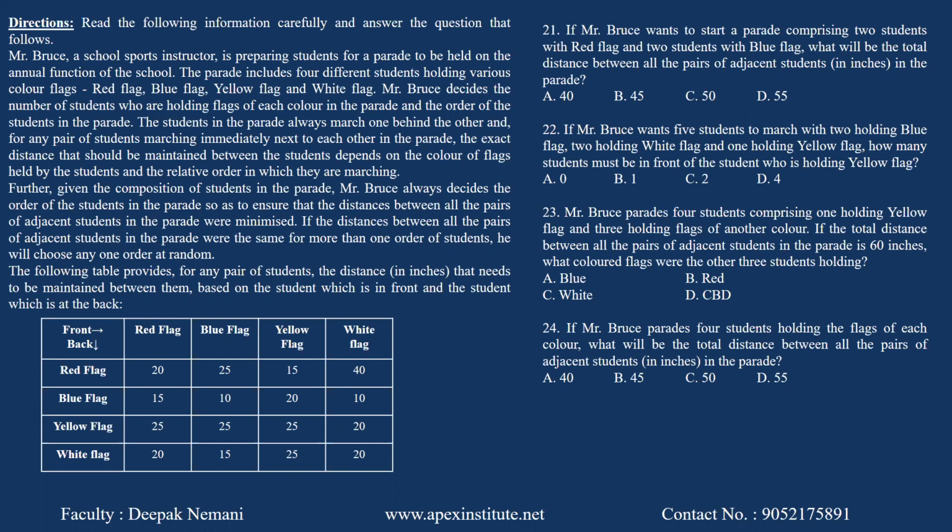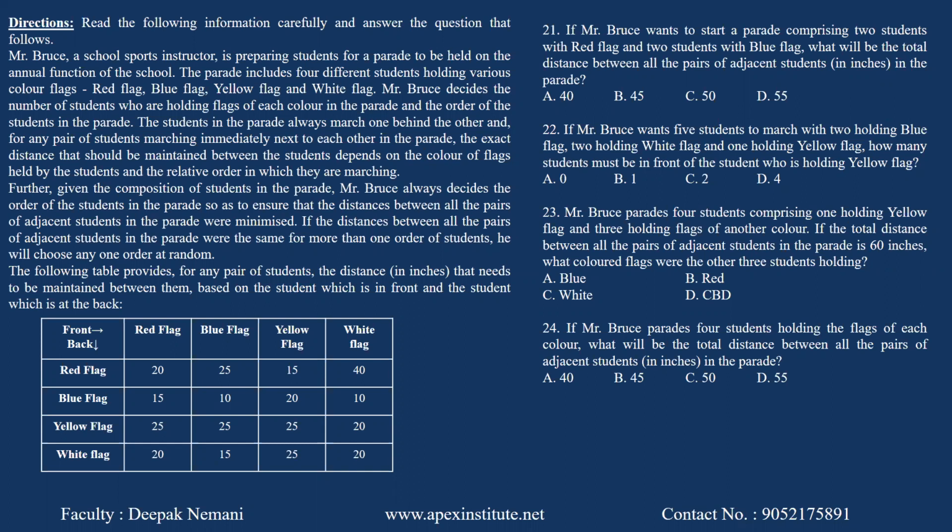So if the distance between all the pairs of adjacent students in the parade were the same for more than one order of the students, he will choose any one order at random. Fine. The following table provides, for any pairs of students, the distance that needs to be maintained between them.